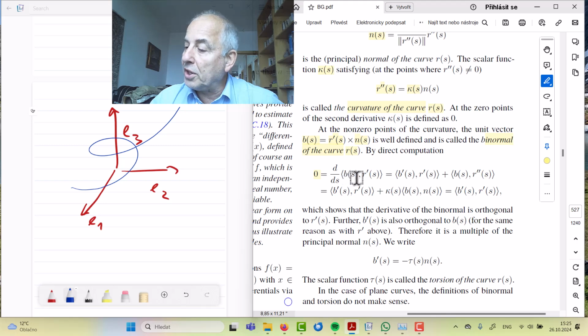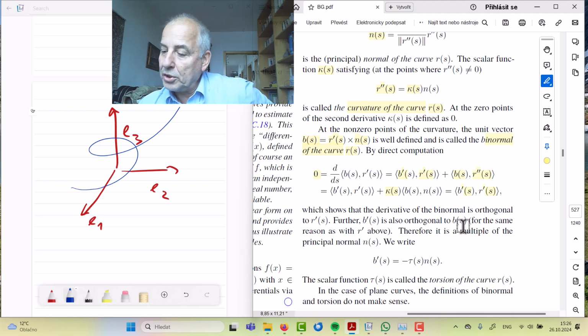And we also know what it does. So it's the derivative of B, untouched r differentiated, and the untouched B and r differentiated. And this is possibly expressed via the curvature, right? Because here the curvature is the multiple of the normalized principal normal. And so you see that the derivatives of the binormal and the velocity are also perpendicular, right?